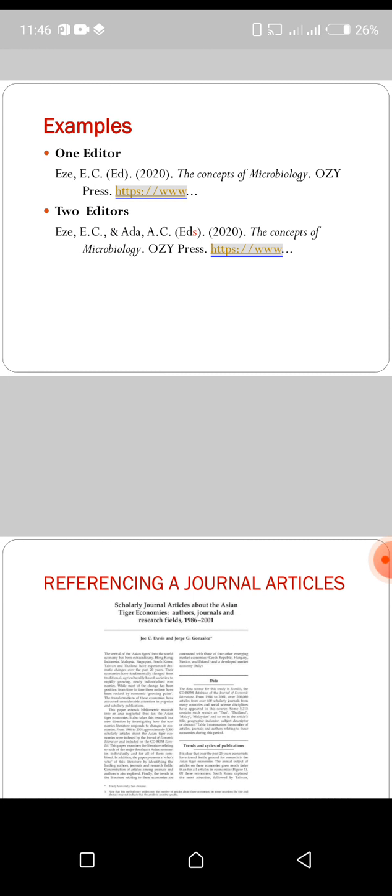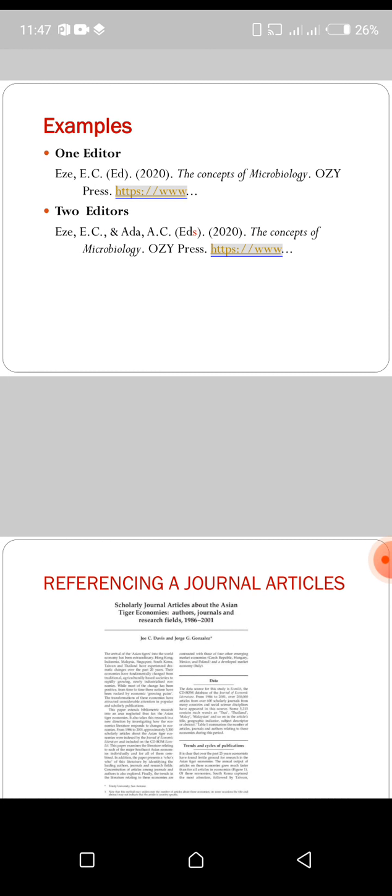Then every other thing is the same as a whole authored book: the year of publication, the title of the book, and the publisher's name, the URL if available. For two editors, we have EC and Ada AC. Now plural, addition of S, meaning editors. Then have the year of publication and so on.